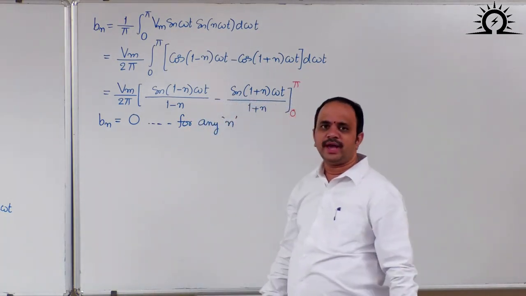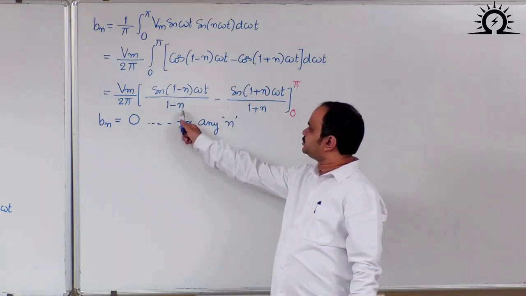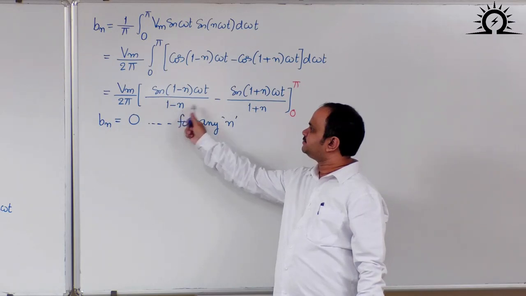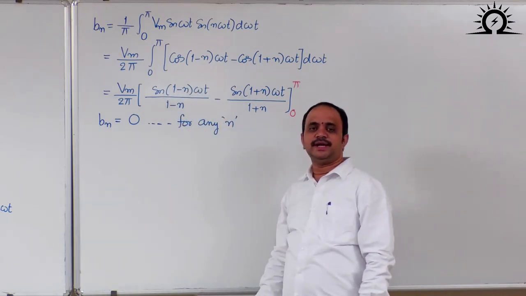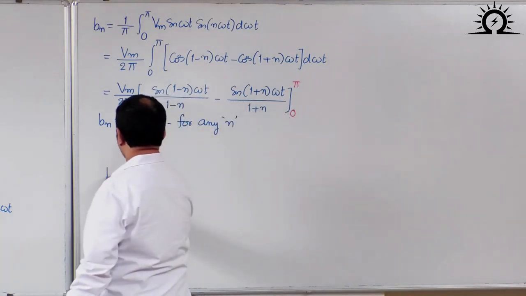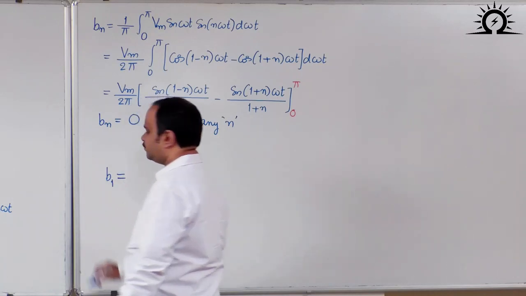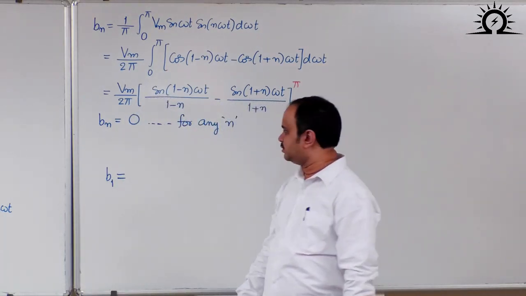Here also we have the same difficulty. Suppose I substitute n is equal to 1 here, the denominator is 0, something by 0, an indeterminate form. So what we have to do here is calculate the b1 value separately.